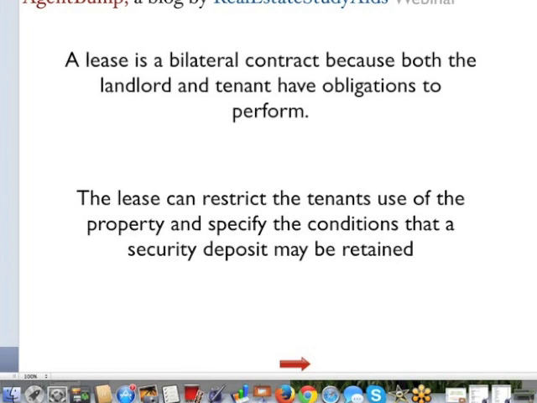If I find Muffy, do you have to give me the $500? Yes. But do I have to go look for Muffy? No. So that's unilateral. This is bilateral. The landlord must provide the service of keeping the property up, and the tenant must provide the payment at the end of every month or whatever contractual period is decided upon. Two promises.